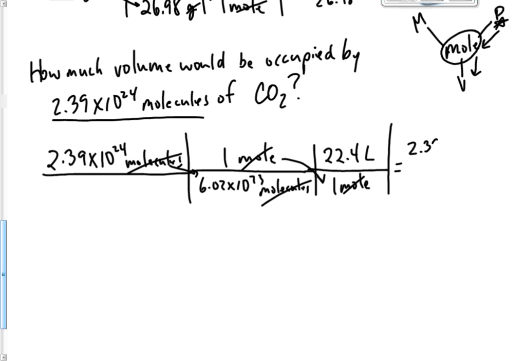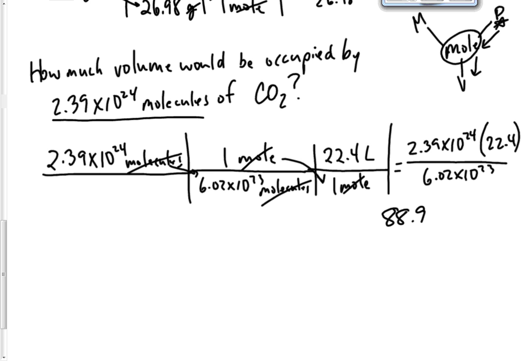So we have 2.39 times 10 to the 24th times 22.4 liters divided by 6.02 times 10 to the 23rd molecules. Do that math, we end up with 88.93 liters of CO2.